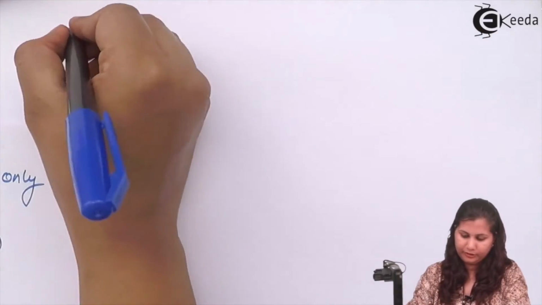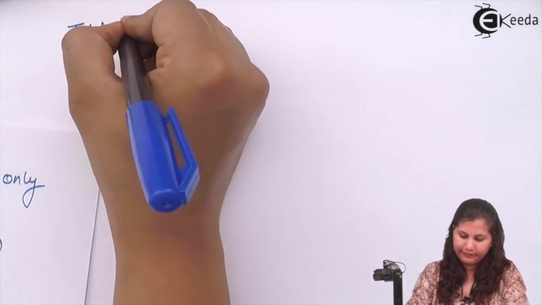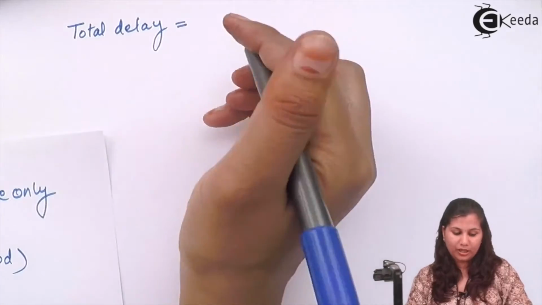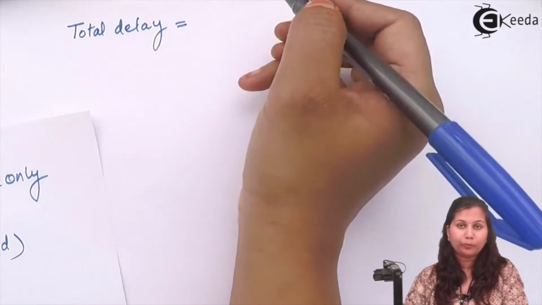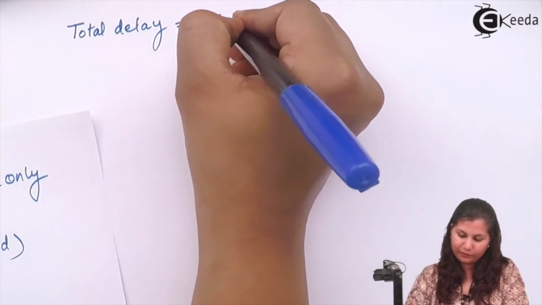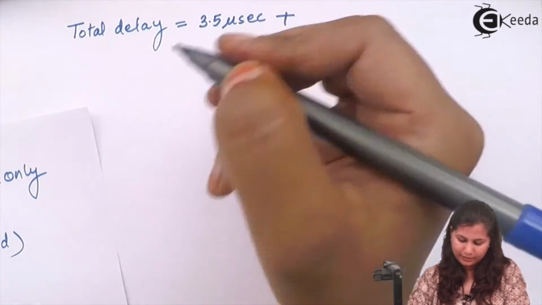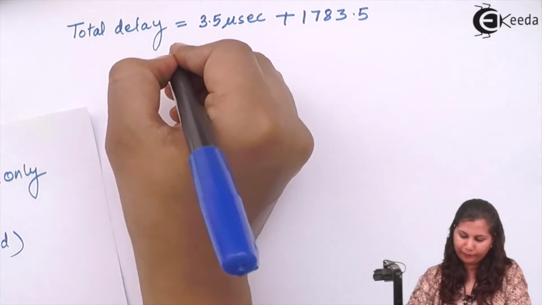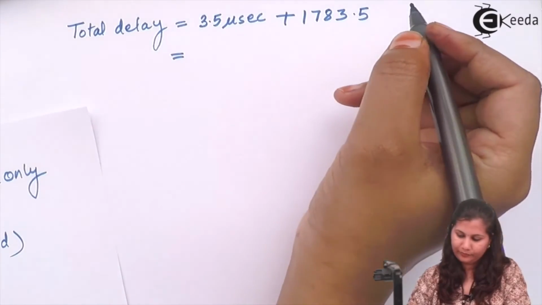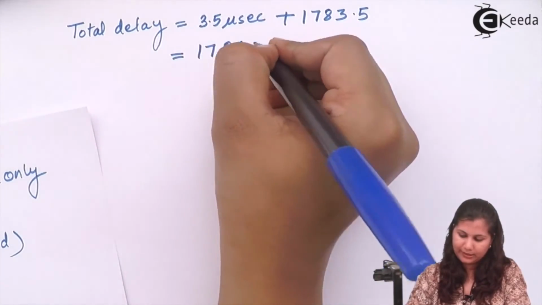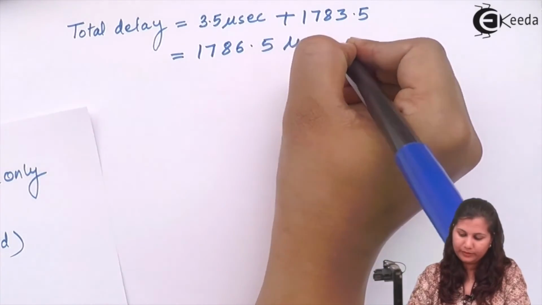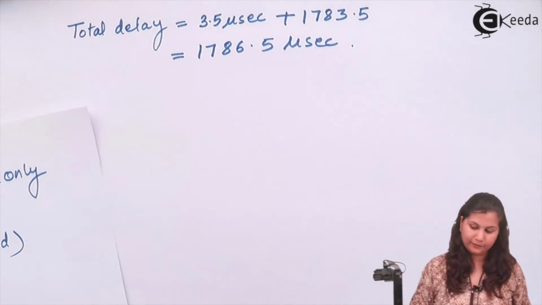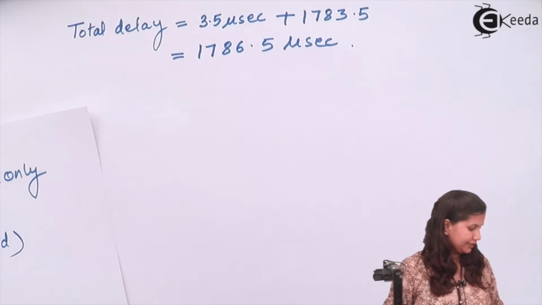The time required to execute the instructions outside the loop was 7 into 0.5, that is 3.5 microseconds, plus the corrected loop delay of 1783.5. So we are getting 1786.5 microseconds.